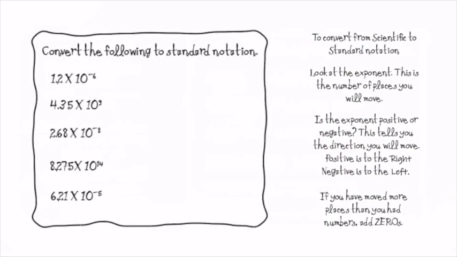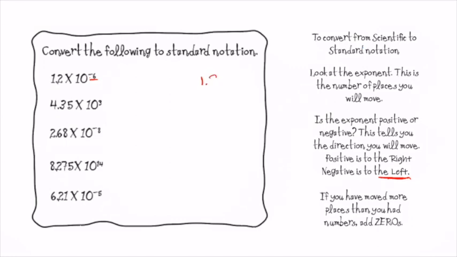So we can convert from scientific notation back to standard notation. To do that, we're going to look at the exponent first. This is the number of places that you will move. So for this one, we're going to move 6 places. Since it's negative, we're moving to the left.